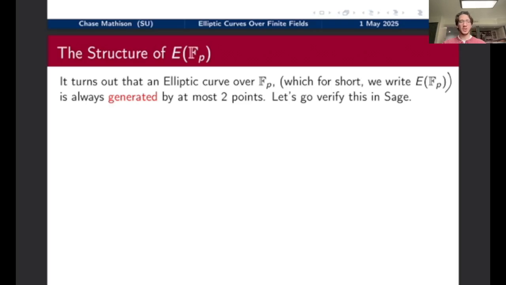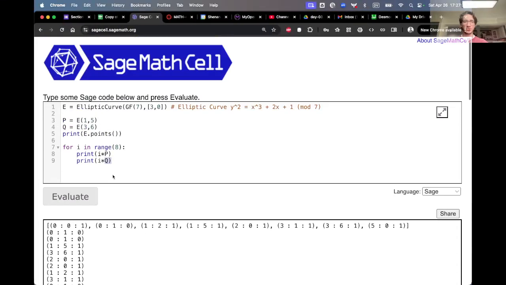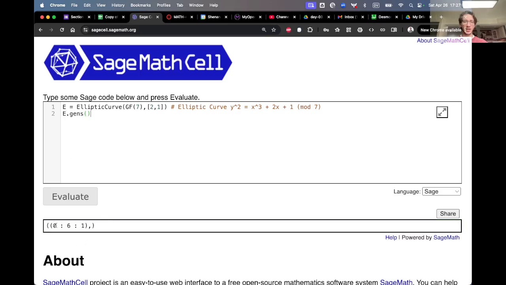Okay, so let me go back to Sage, and let me go back to our opening example, 2-1. And let me look at, again, E.gens to look at all the points. So this is the only point that generates this elliptic curve, the elliptic curve over F7 solving the equation y squared equals x cubed plus 2x plus 1 mod 7.